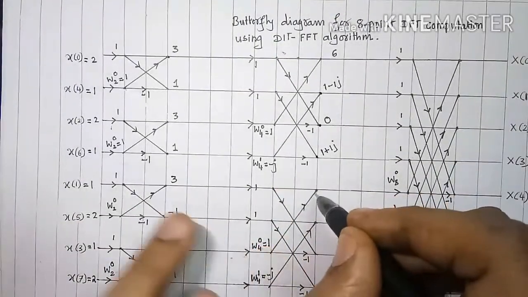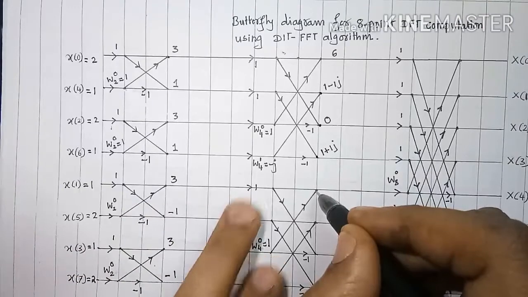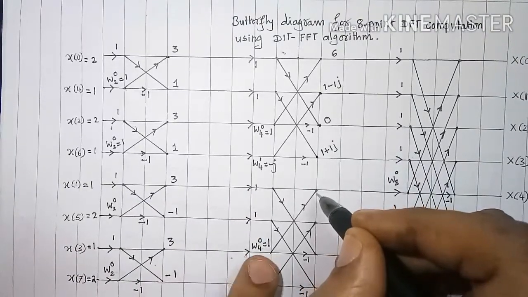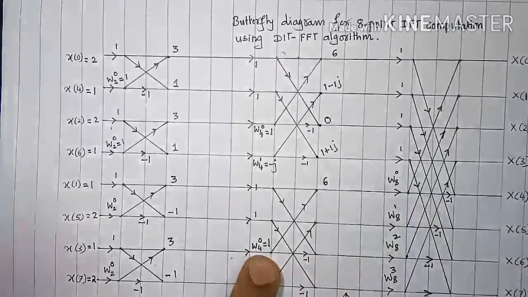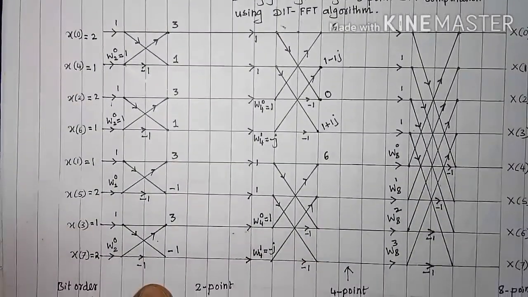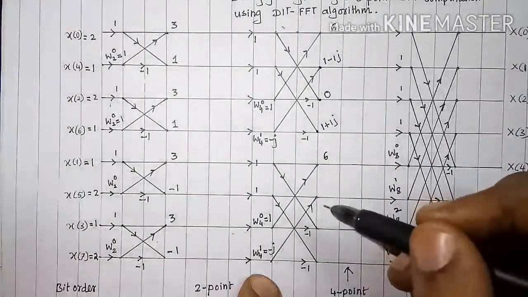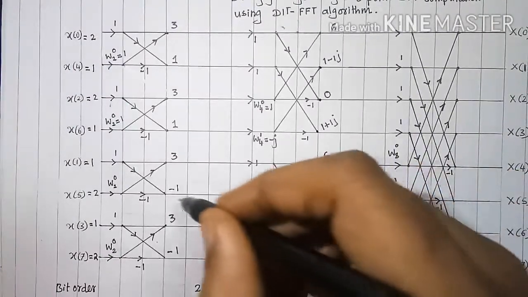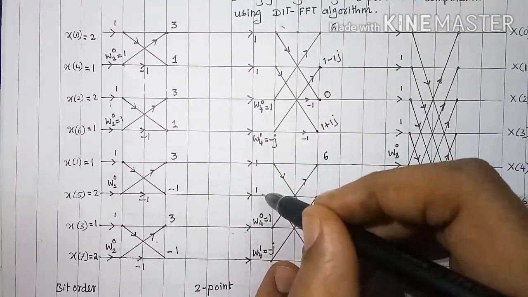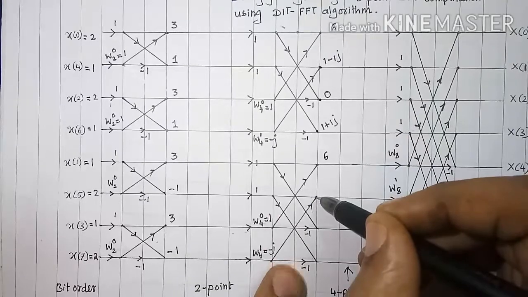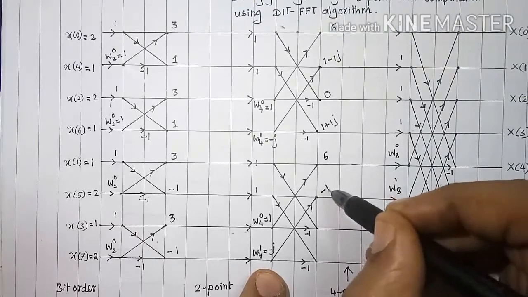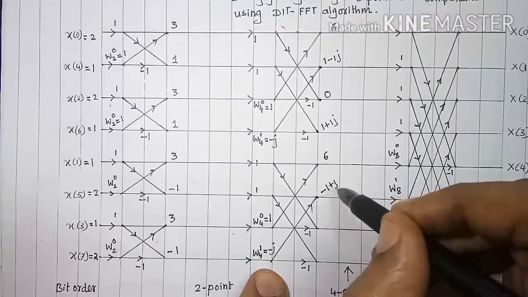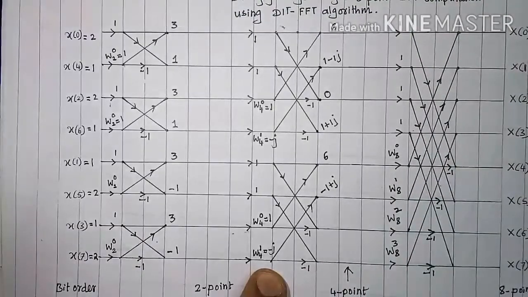Next 3 into 1, 3, 3 plus 3, 6, minus 1 into 1, minus 1, minus 1 into minus j plus j, so minus 1 plus j.